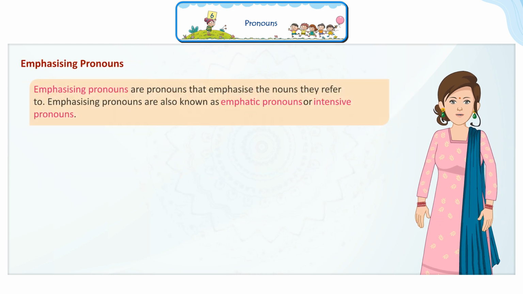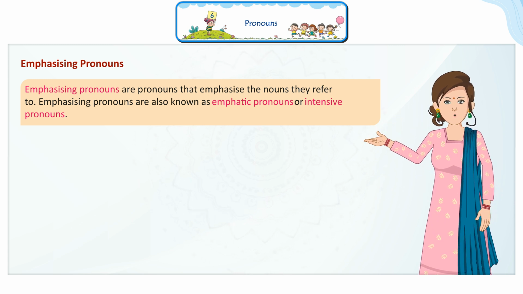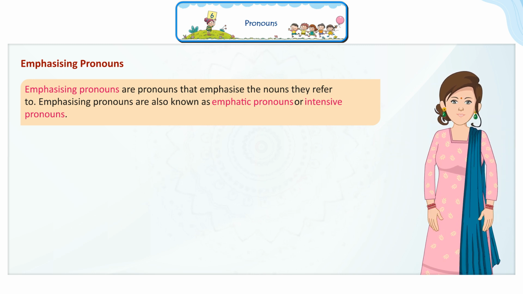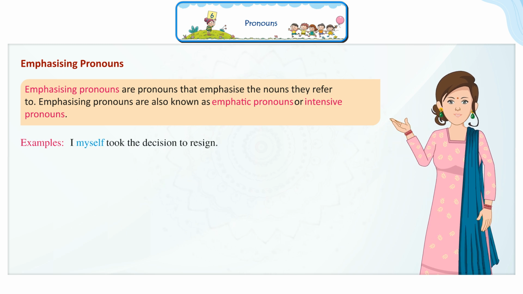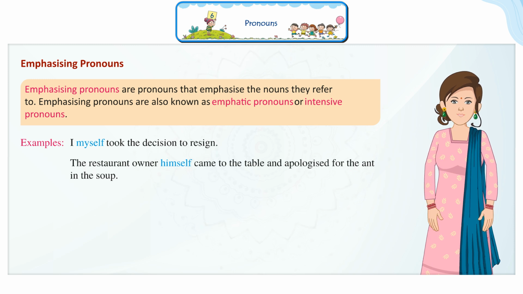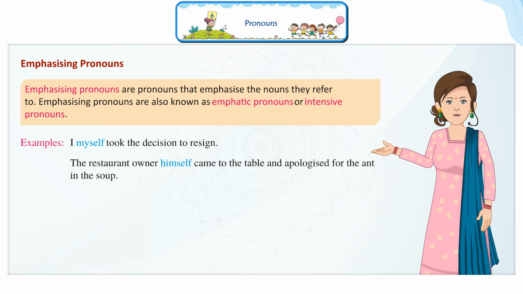Emphasizing pronouns. Emphasizing pronouns are pronouns that emphasize the nouns they refer to. Emphasizing pronouns are also known as emphatic pronouns. Examples: I myself took the decision to resign. The restaurant owner himself came to the table and apologized for the ant in the soup.